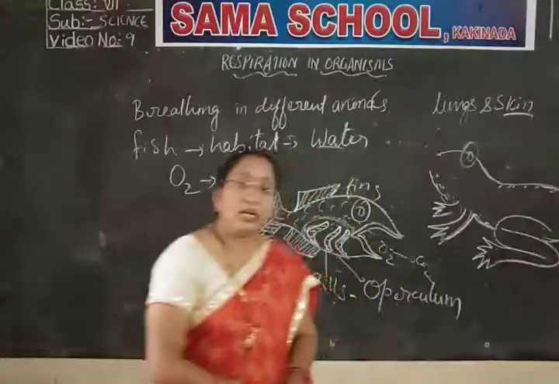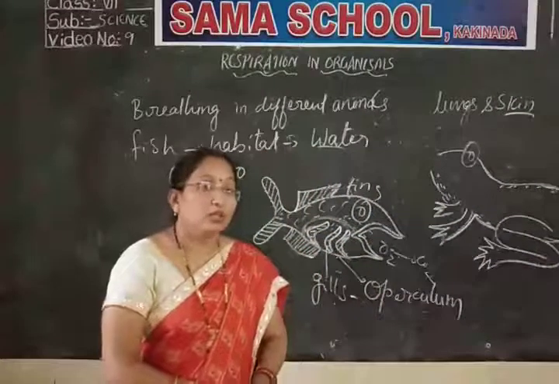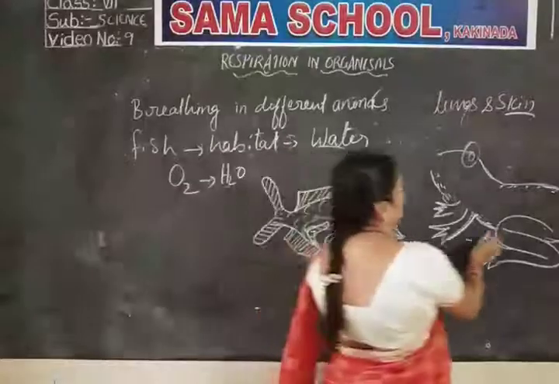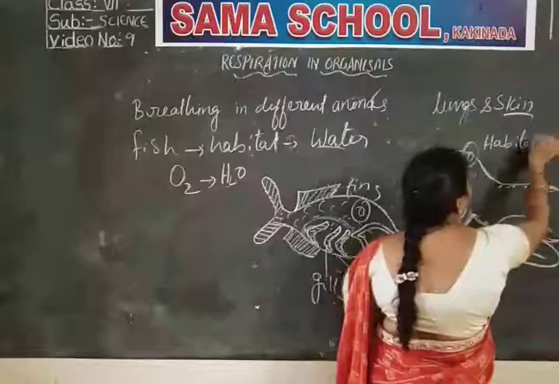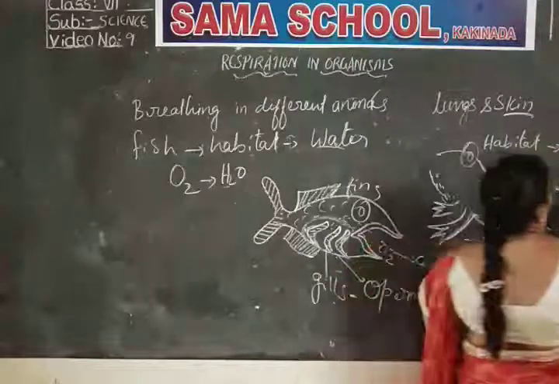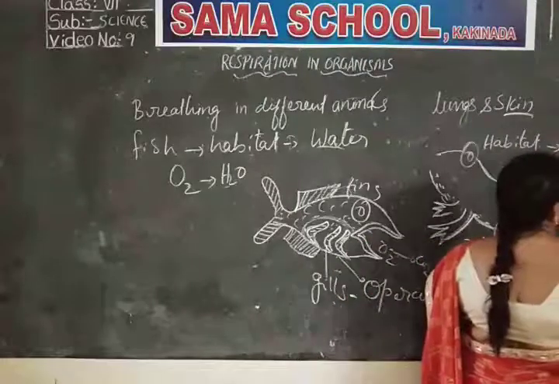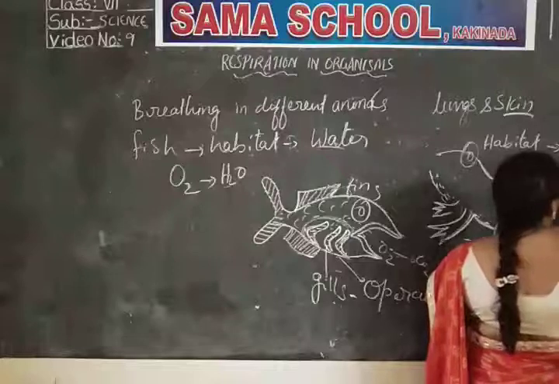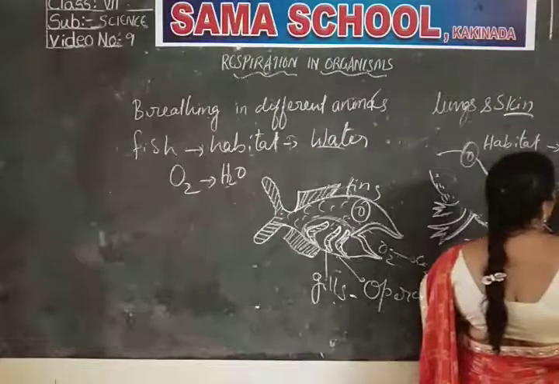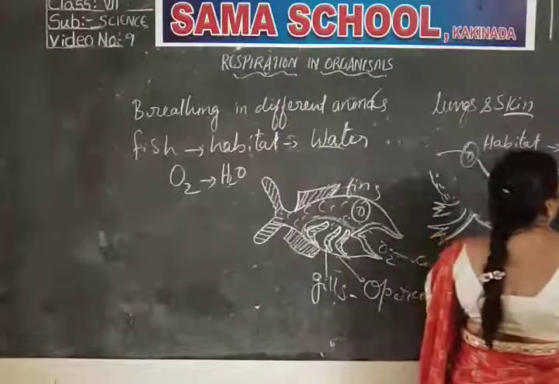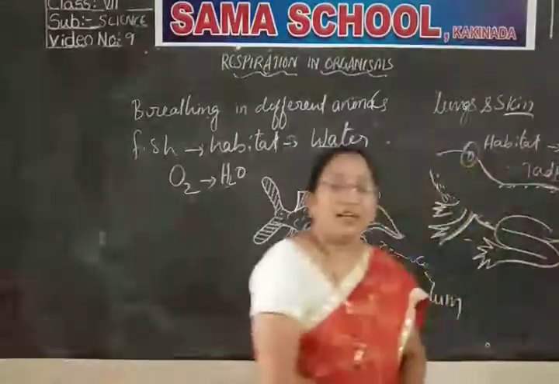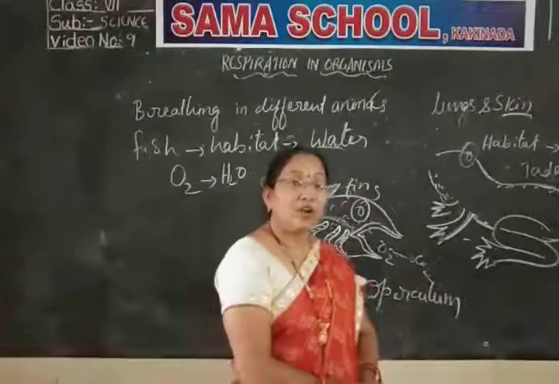Before you learn the respiration of the frog, you should know its habitat. What is its habitat? The tadpole of the frog will live in water. A tadpole like this will be there. It lives in water. The frog has a terrestrial habitat. When do we see these frogs?